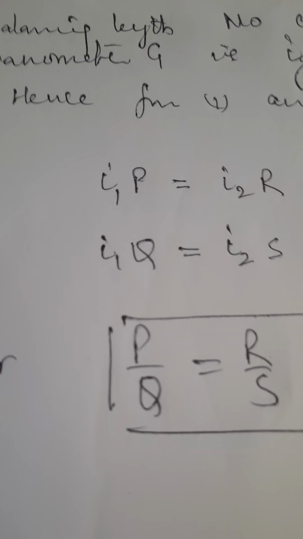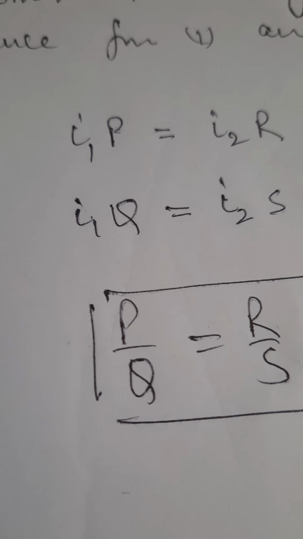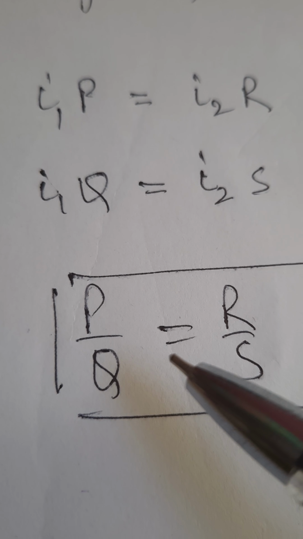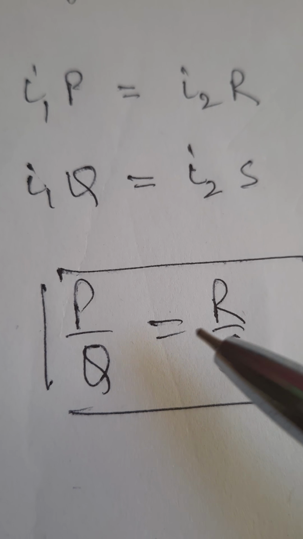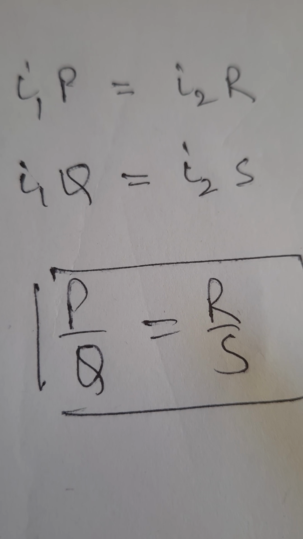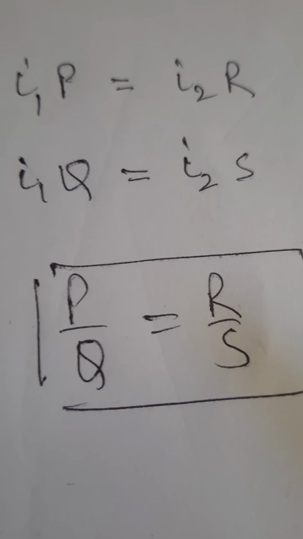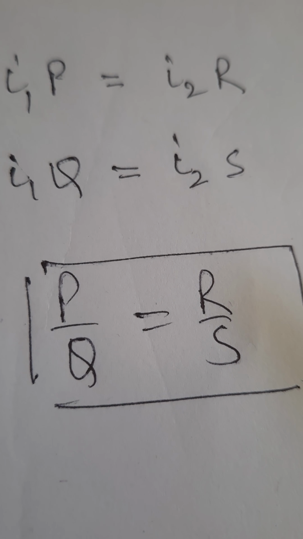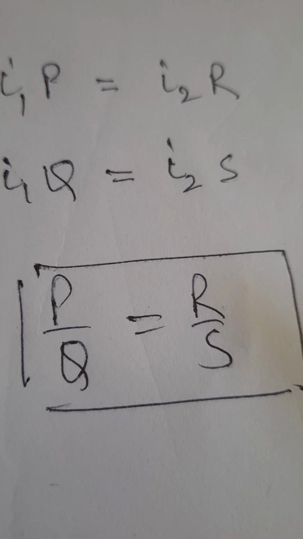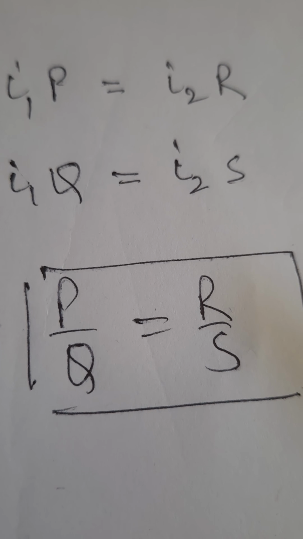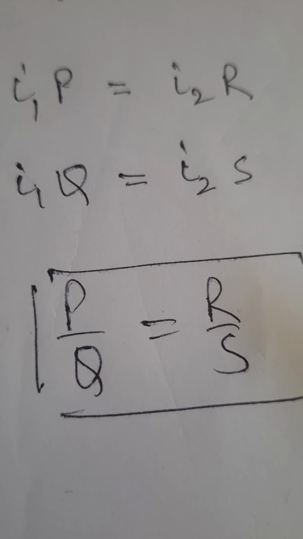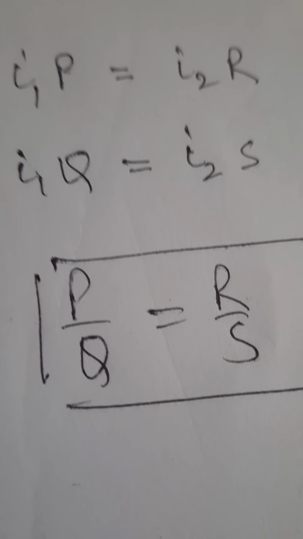And therefore we can say that if out of these four resistances, the value of three is given, we can find the value of the fourth one, and this is used in meter bridge to find the value of the unknown resistance.